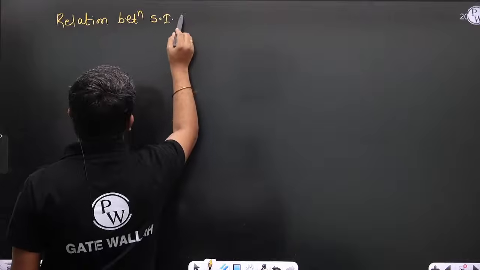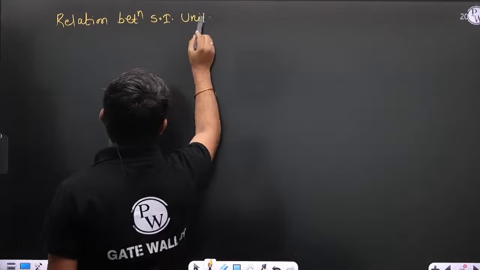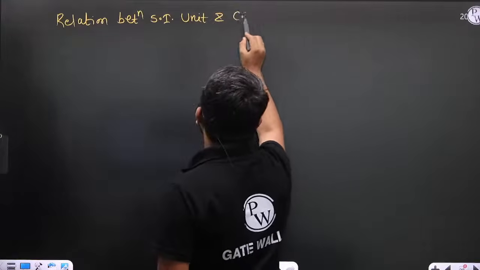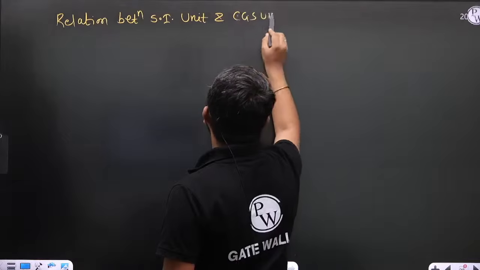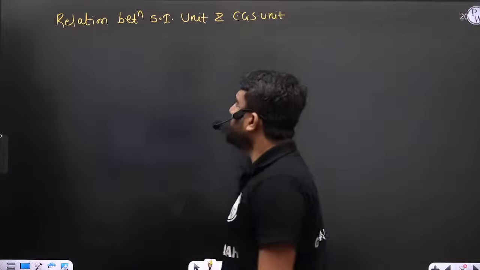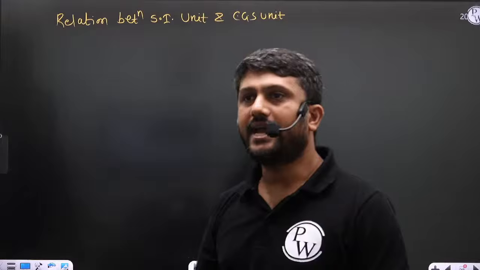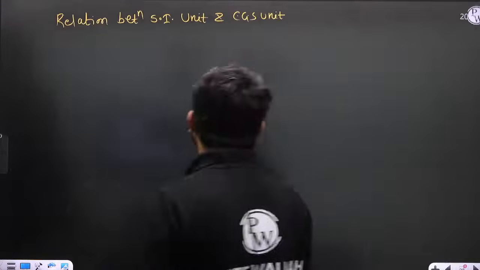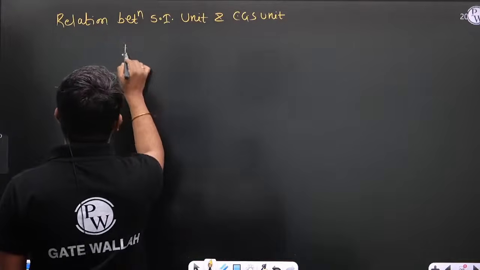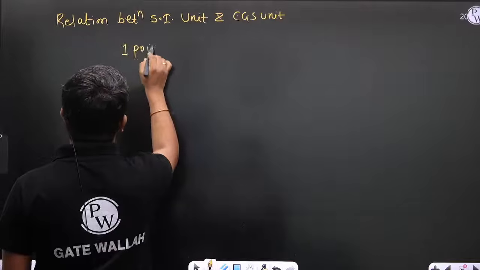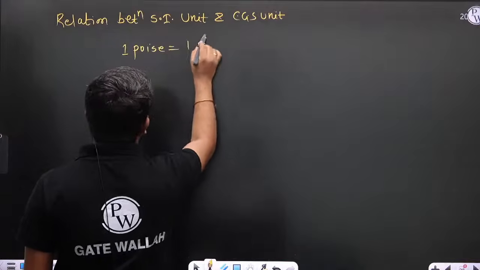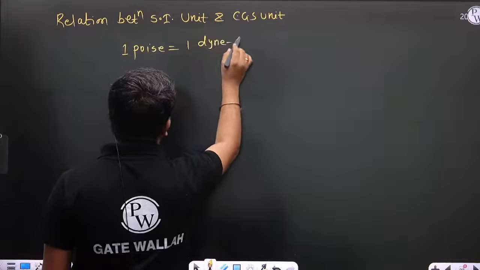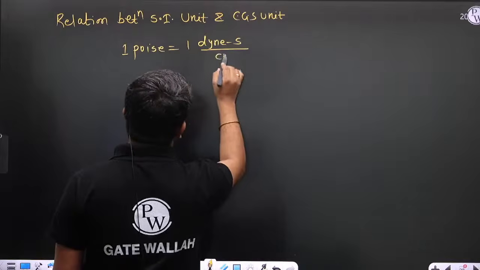Relation between SI unit and the CGS unit. So see that 1 poise is equal to 1 dyne second per centimeter square.